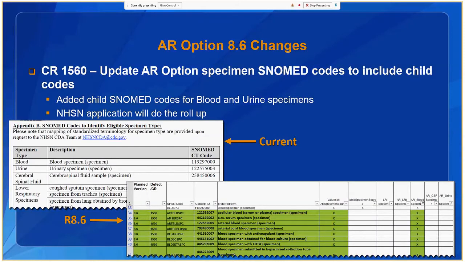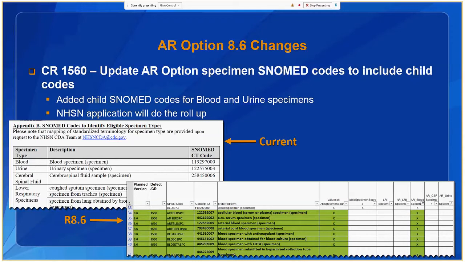The next slide highlights CR 1560. And with that CR, we've updated, again, the AR option, specifically the specimen SNOMED codes to include child SNOMED codes for additional blood and urine specimens. So previously, we had one single specimen code for all blood and all urine specimens.